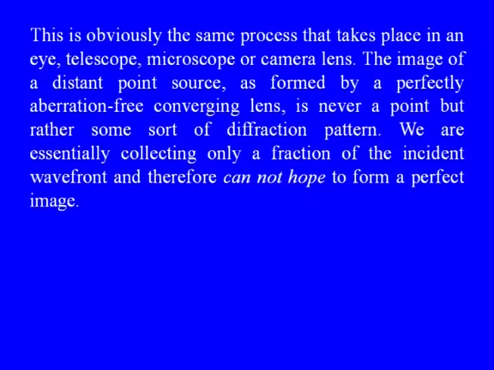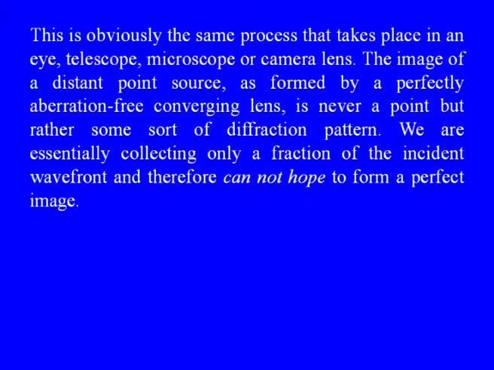This is obviously the same process that takes place in an eye, a telescope, microscope or camera lens, or practically in any optical instrument. The image of a distant point source as formed by a perfectly aberration free converging lens is never a point, but rather some sort of a diffraction pattern.